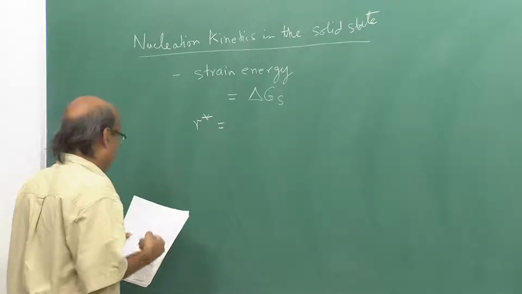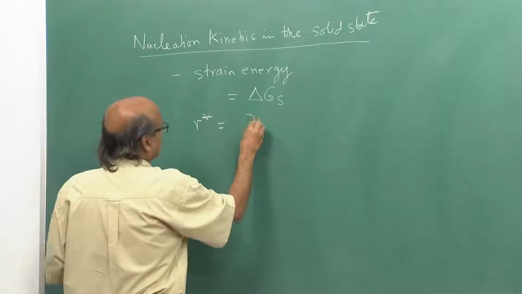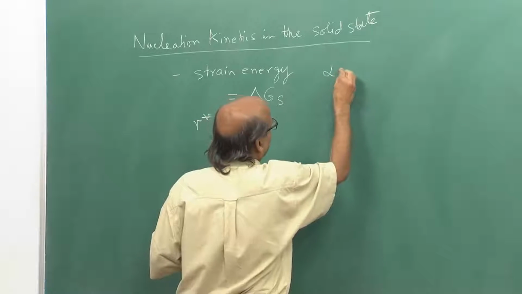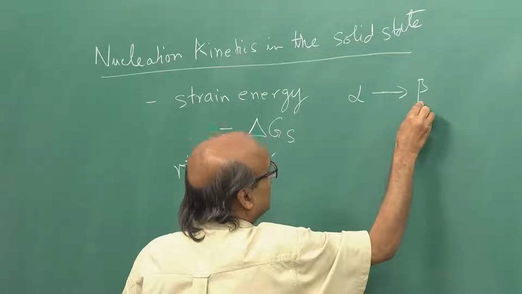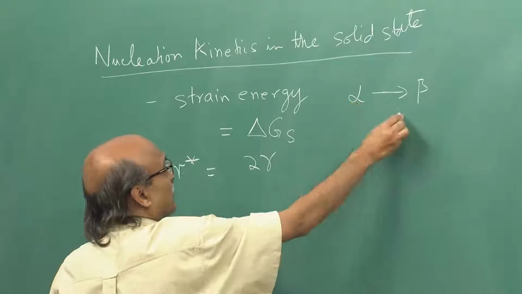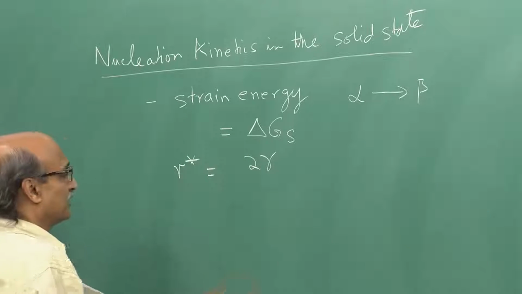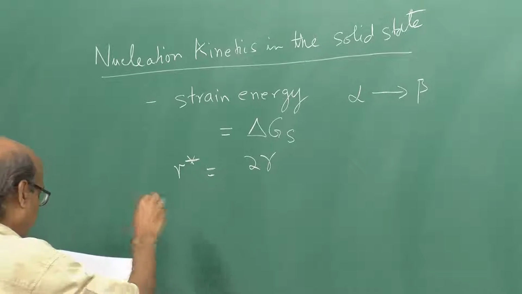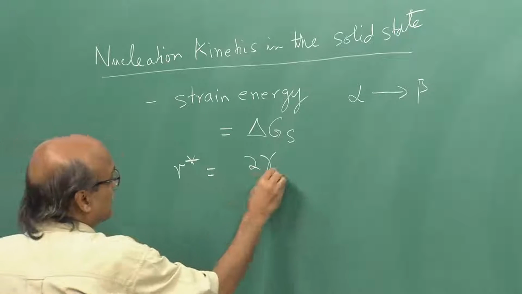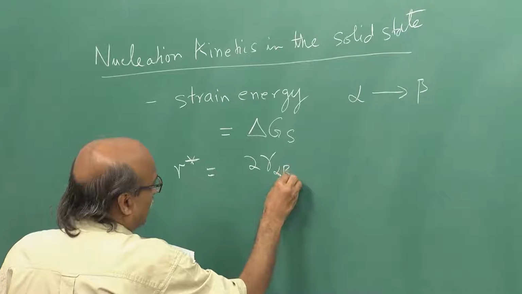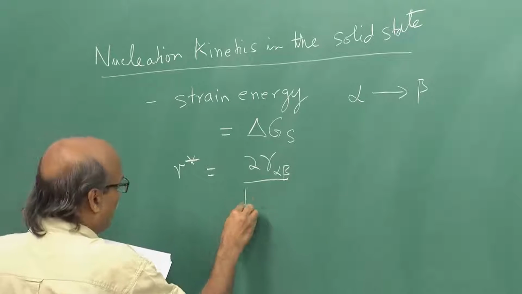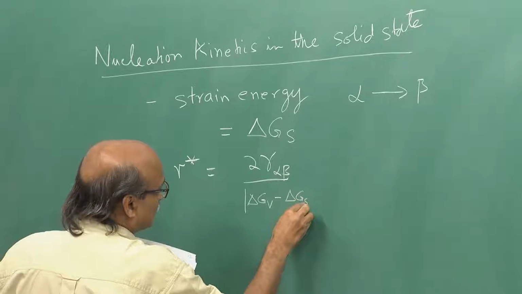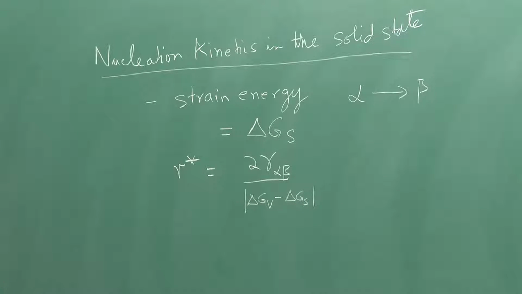Well, the strain energy term would also get into the relationship, and let us say we have a transformation of alpha going to beta. So, our beta nucleus is forming from alpha and there is a volume change. As a result, a strain energy term delta Gs comes in. Then the critical size in this case would be 2 gamma alpha beta upon delta GV minus delta Gs.